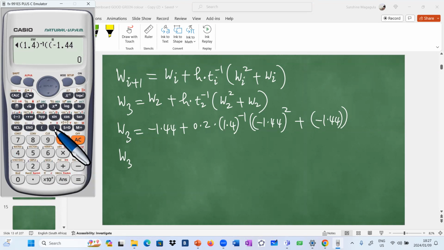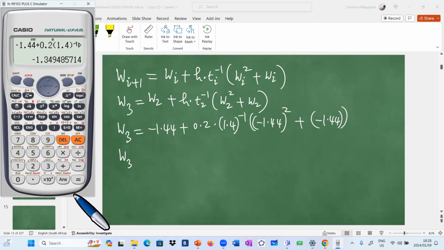Just like a plus because it's squaring, but it's okay. And then we have plus the minus 1.44 here, and then you close two brackets.